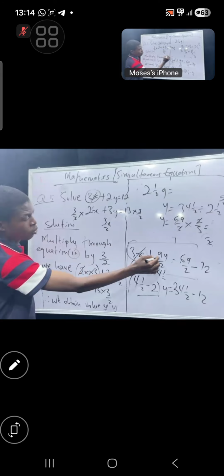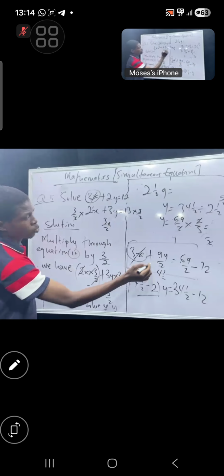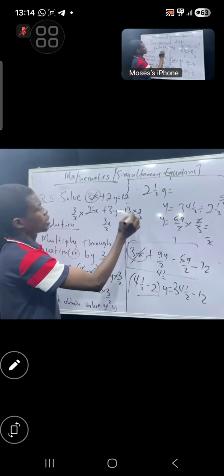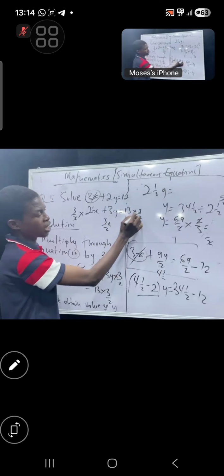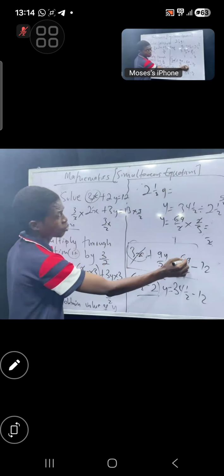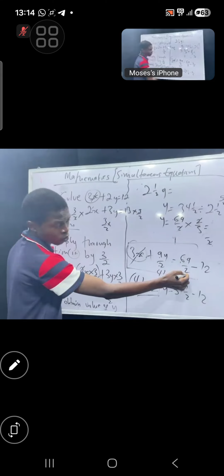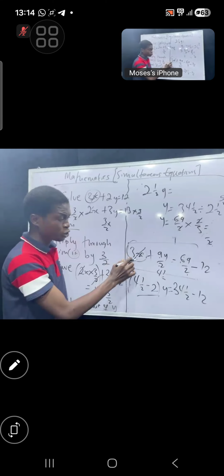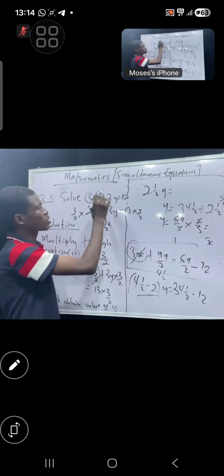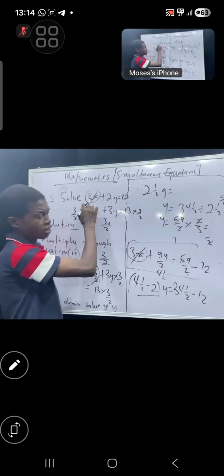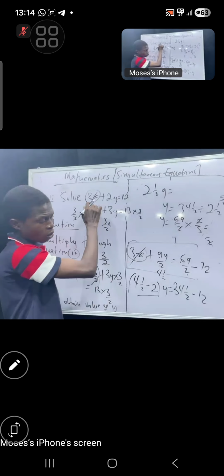All together now, the same thing happens here. 23 times 3/2, that is 69/2. So now after that, notice that you have obtained 3x. So that means the first equation, which had 3 in the 3x term, is the same.